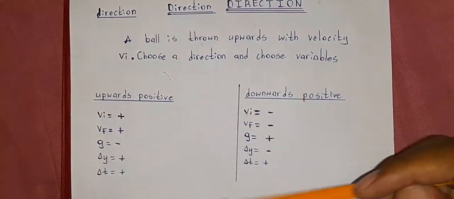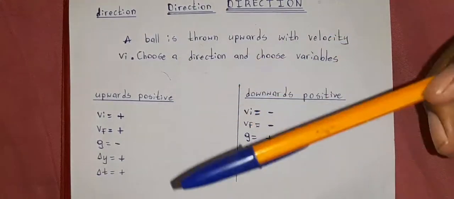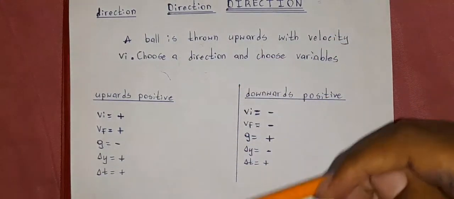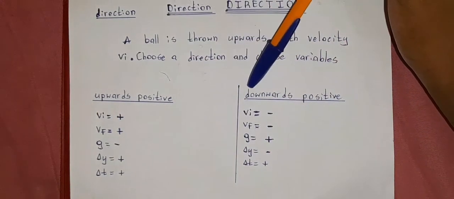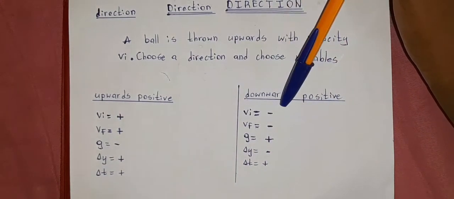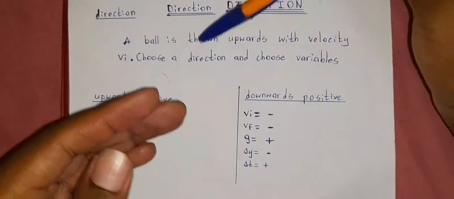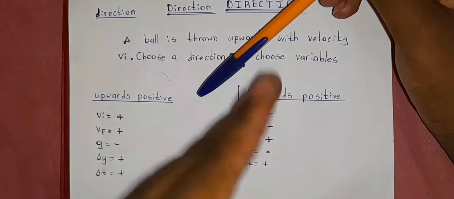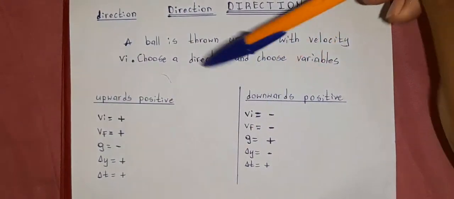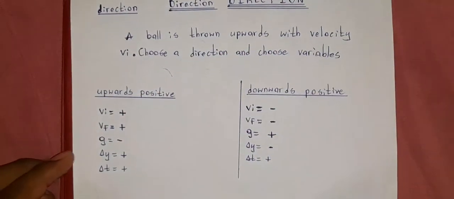When you throw a ball upwards, what happens to its speed? Its speed will decrease because of the force of gravity. And when that ball falls back, its speed starts to increase in the negative direction. Why does it increase? It's because of gravity. Gravity acts downwards and the velocity is also going downwards. So that's why the speed increases when it is coming back down and decreases when it's going up. Sorry about that.